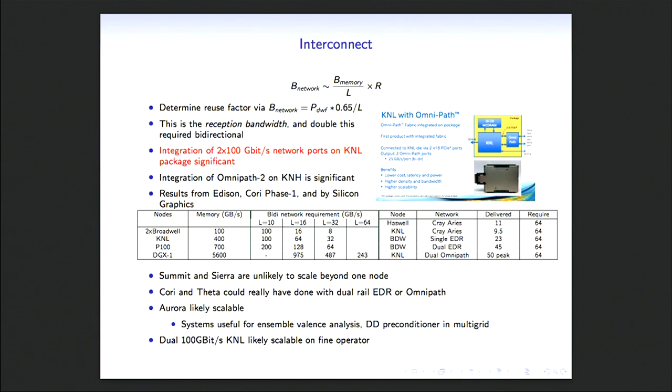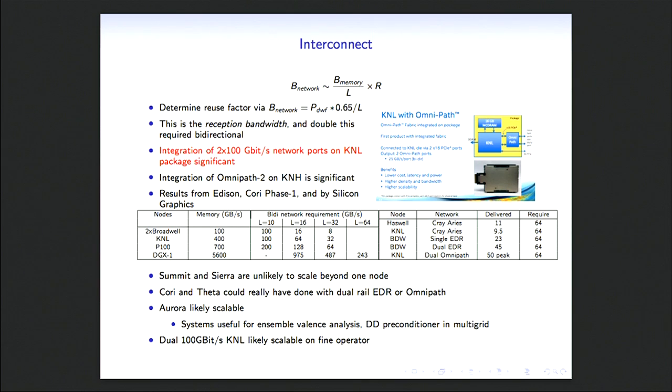Here we have interesting commodity EDR, 23, 45 delivered, compared to the 10 or so out of Cori and Theta. Ouch. And when we see these figures, we can see that Summit and Sierra are unlikely for our problem to scale beyond one node, which is not great.